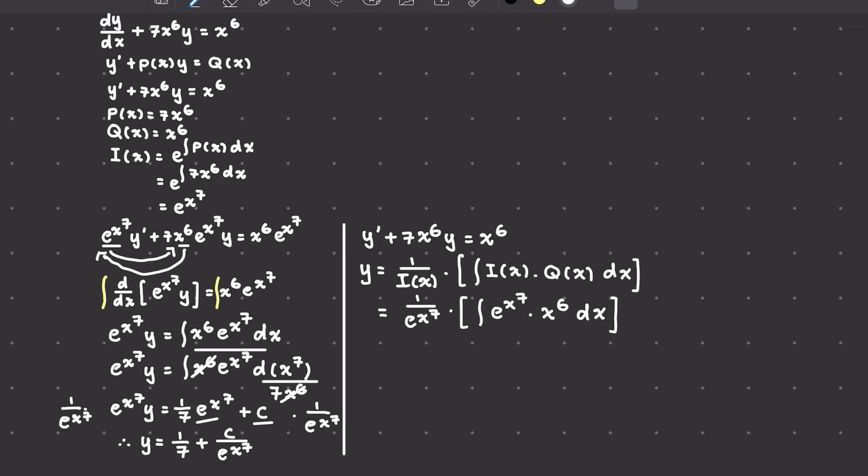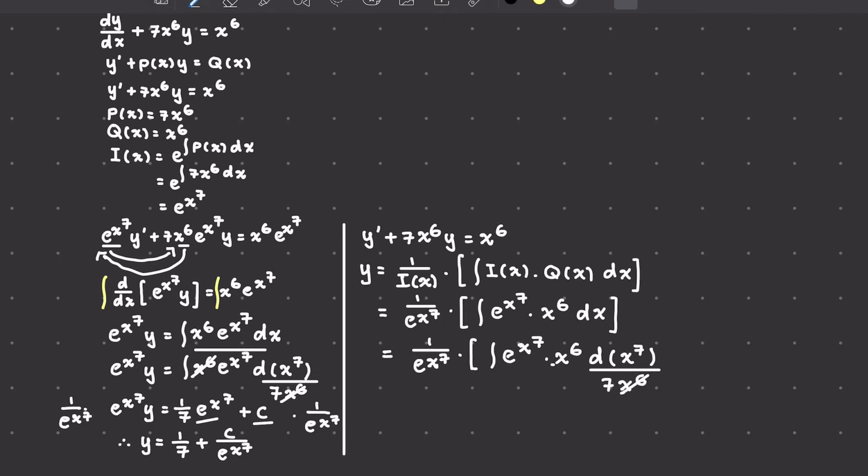And we're going to use the same integration method, which is the throwback or u substitution, whichever you like or prefer most. We're going to differentiate the x to the power of 7, and it will give us 7x to the power of 6.